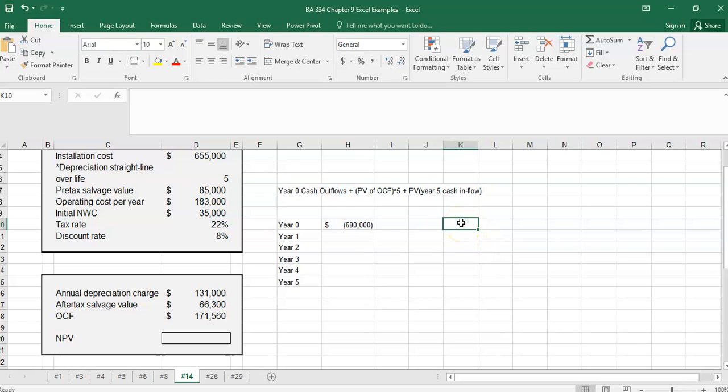So our present value factor calculation, that formula is 1 minus 1 plus the rate to the power of negative the number of years, divided by your rate. And that's our present value interest factor.